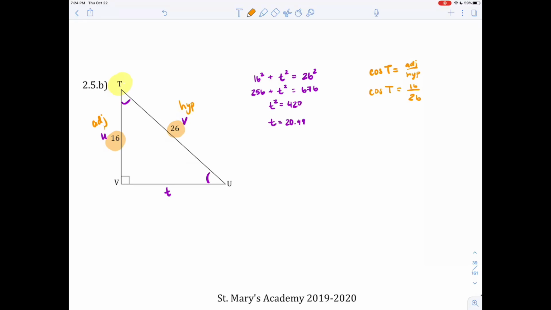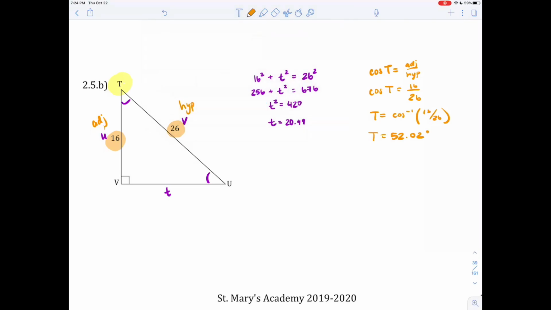To undo my cos of T, I'm going to inverse cosine both sides. So I'm left with T is equal to the inverse cosine of 16 over 26. When I put that into my calculator, I end up with 52.02 degrees.